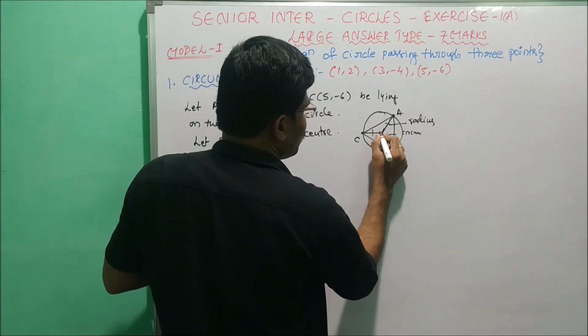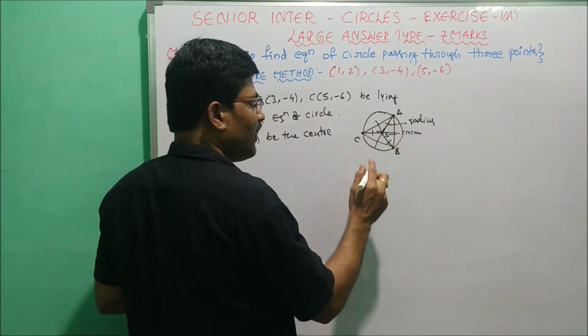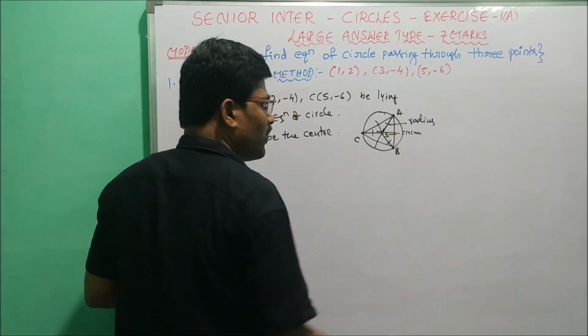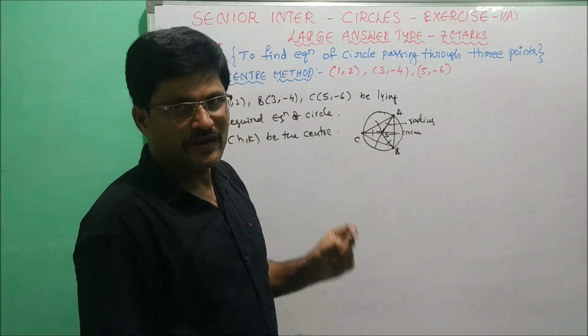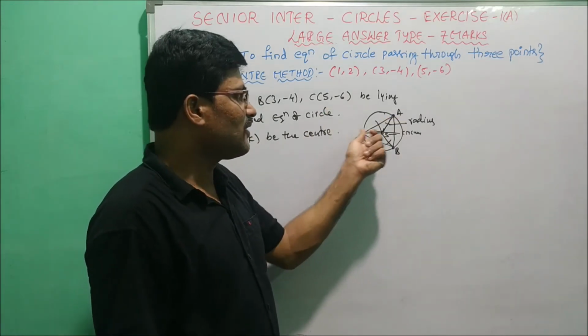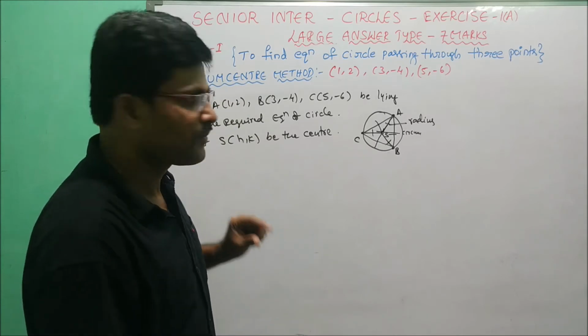Here these 3 are the perpendicular bisectors of AB, BC, CA. The concurrent point of the perpendicular bisectors is called the circumcenter. This center is clearly equidistant from all vertices. Therefore that method is called the circumcenter method.